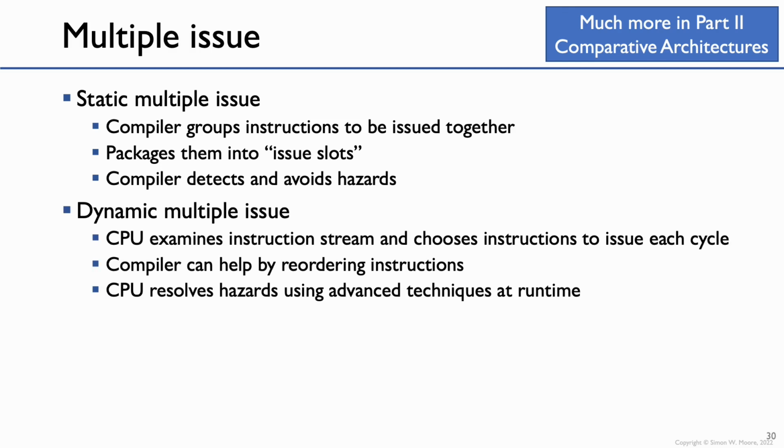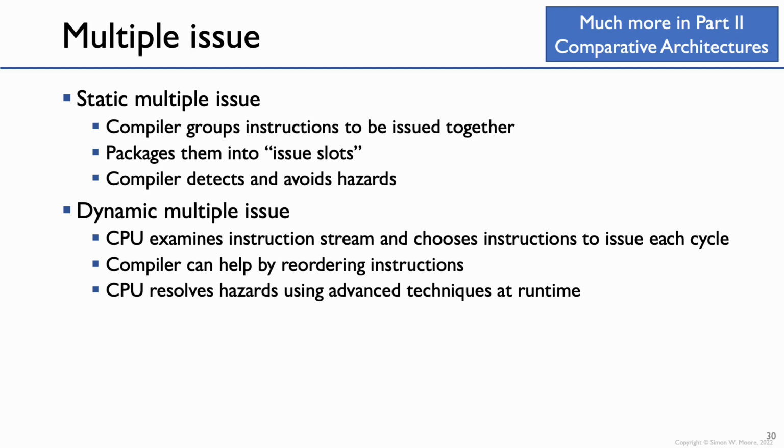Obviously, to make the life of software easier, it's a bit easier to do dynamic multiple issue, and here we basically force the hardware to examine the instruction stream and then choose instructions to issue together, and even change the order of them whilst not impacting the sequential model.